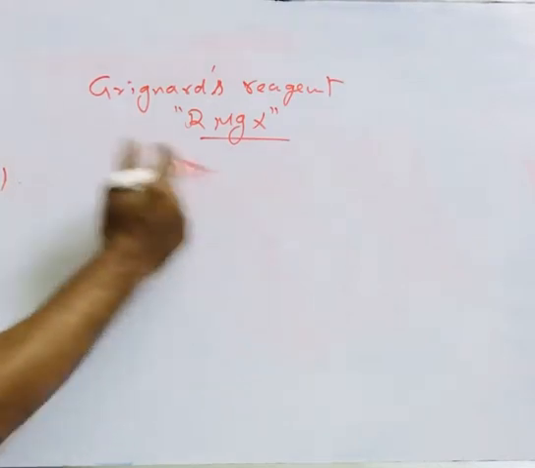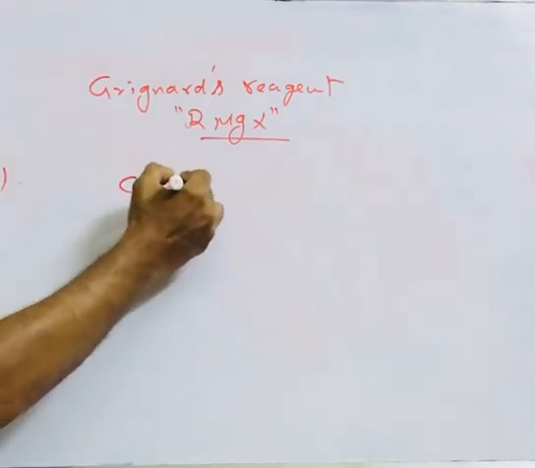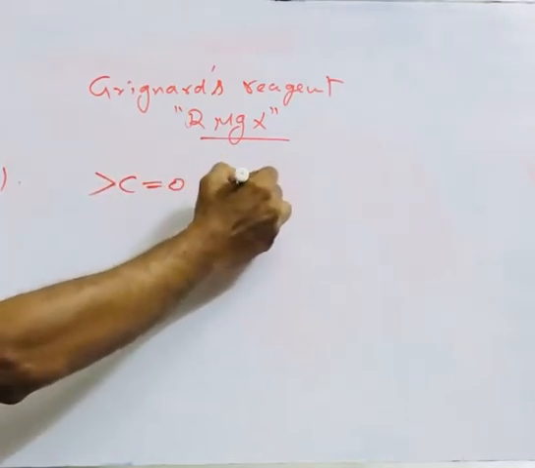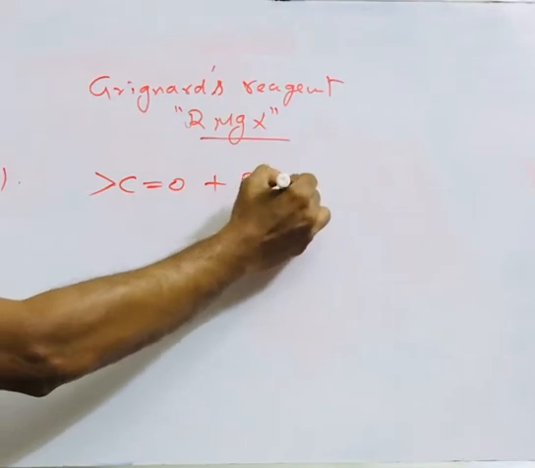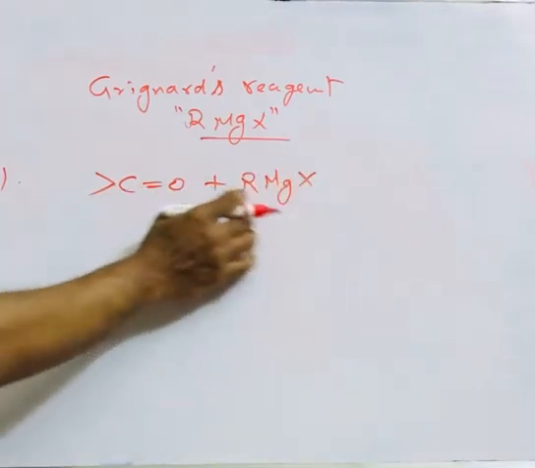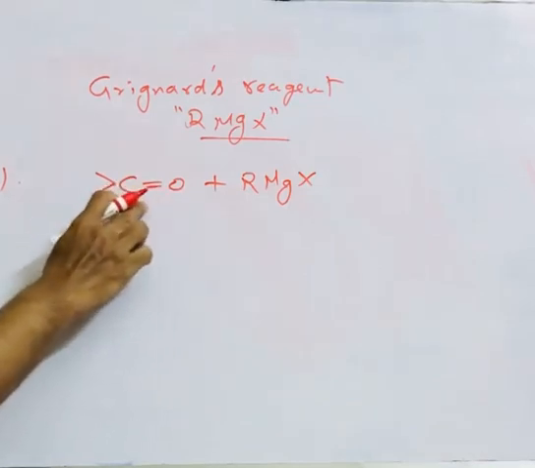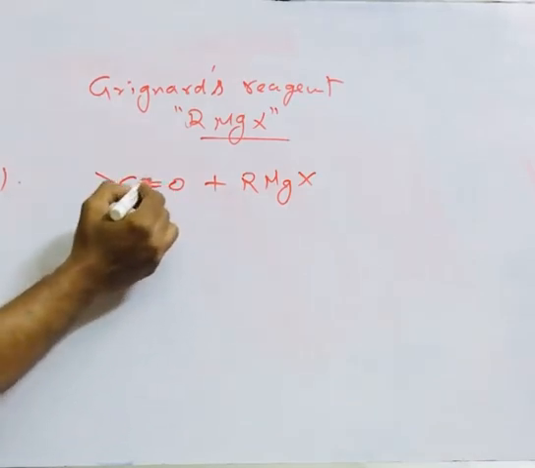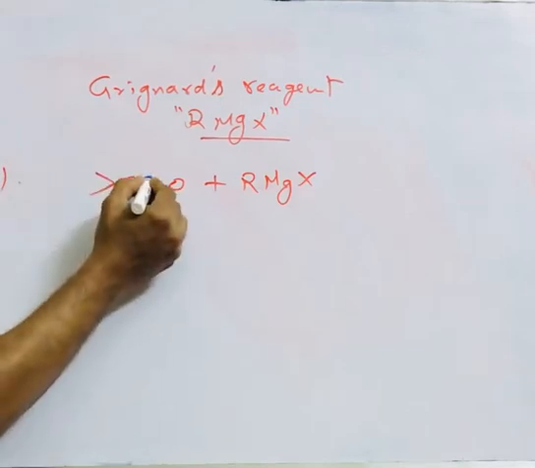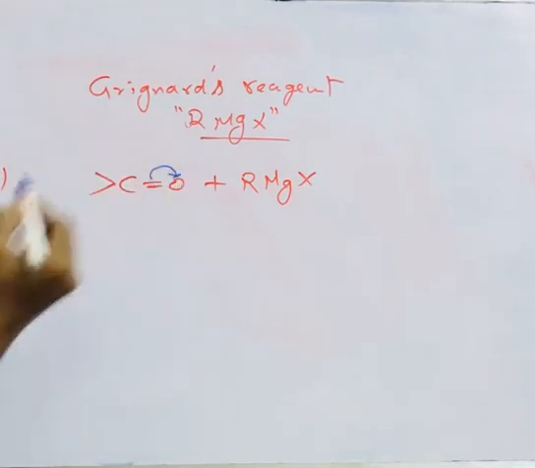So you know the carbonyl compounds are like ketones or aldehydes. This is C=O. Now I have RMgX. What will happen in the addition reaction? In the carbonyl compound, oxygen is more electronegative, so the pi bonded electrons will move towards it.